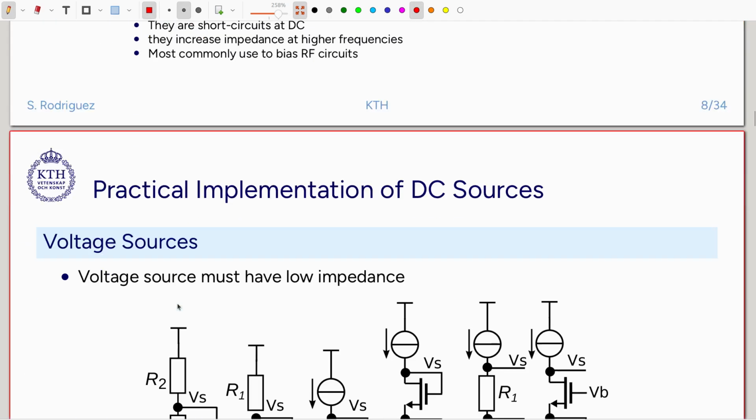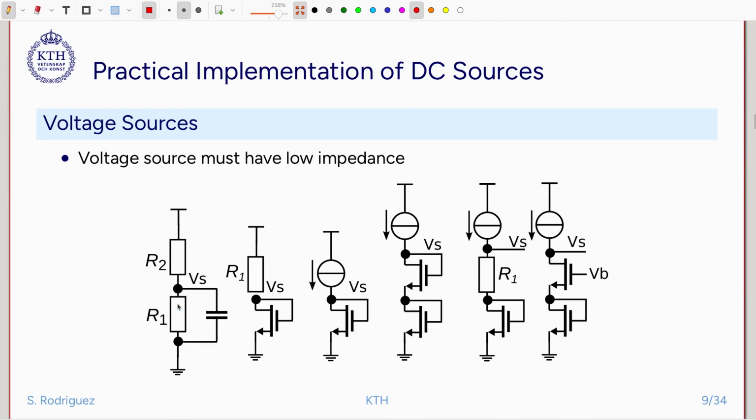Okay, so then we have to implement at some point all these voltage sources and current sources, and there are some ways to do this. To implement a voltage source of a particular voltage, the easiest way to do that is to use a voltage divider, and one of the characteristics of a voltage source is to have very low impedance.